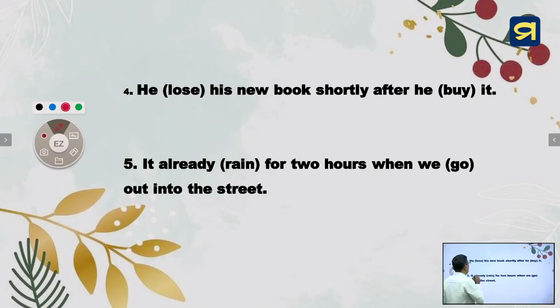Number 4. He lose his new book shortly after he buy it. I have already talked about after. Generally, the after clause will be written in past perfect tense and the other clause will be in past simple tense. So how do you write?